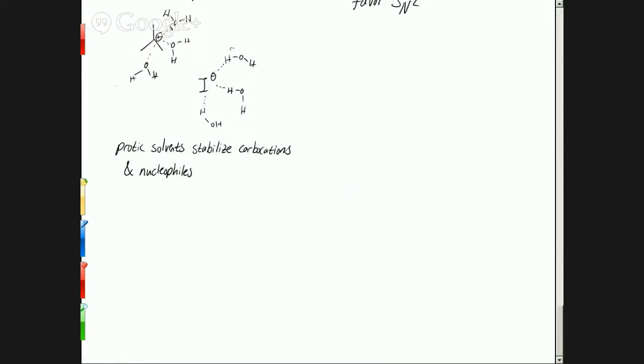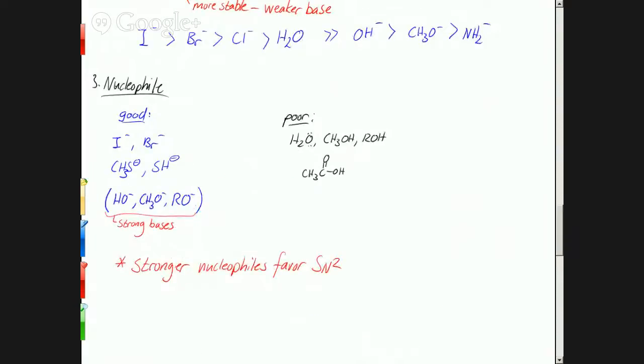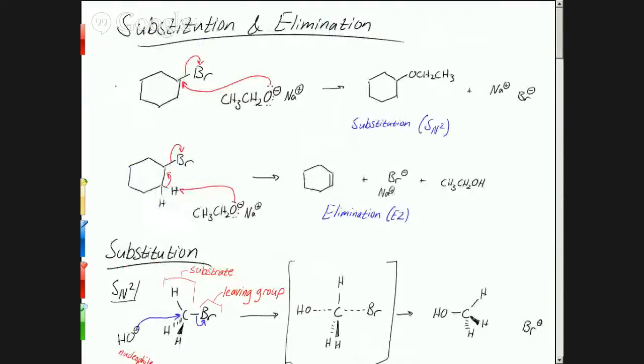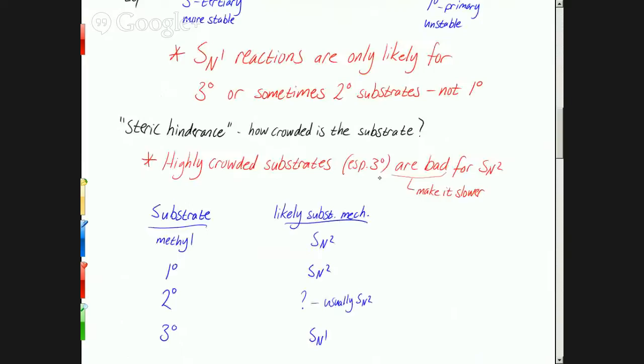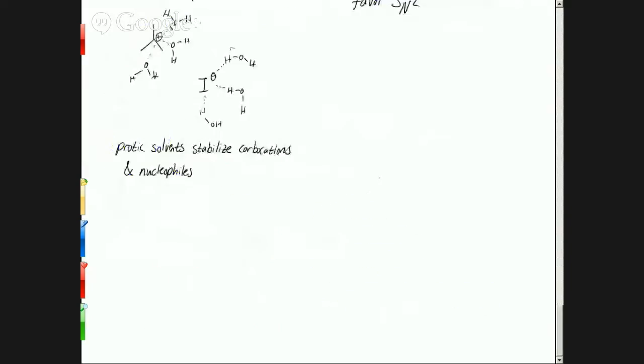In an SN1 reaction, like we saw in our example way up here, we actually react with water as the nucleophile. So when we want to do an SN1 reaction, we might often just put something in with water to do that substitution.